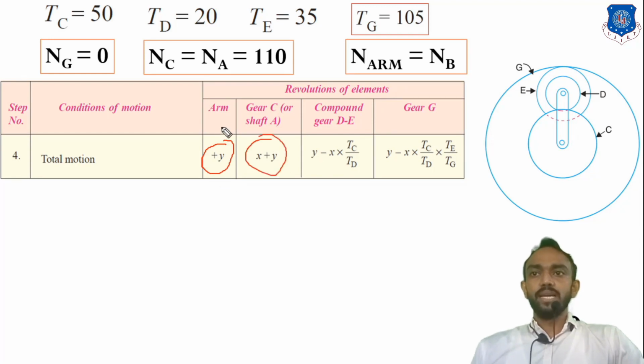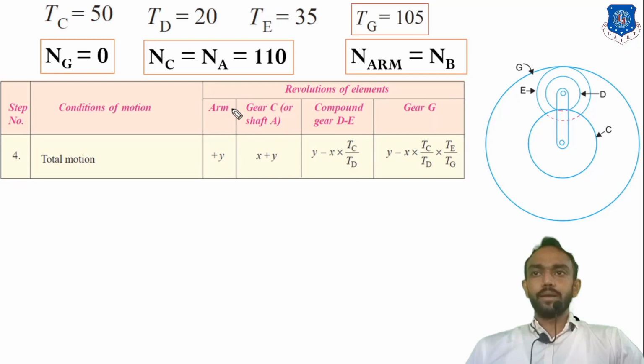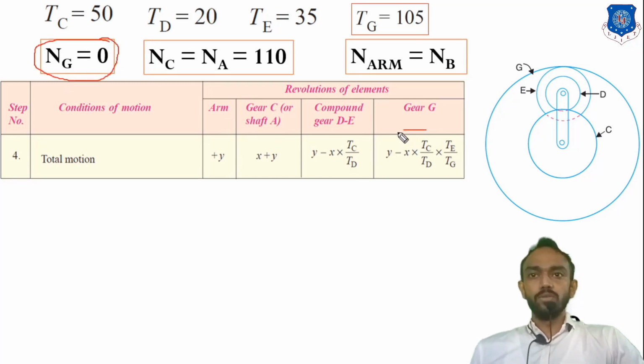X is the RPM of the arm, x plus y is the RPM of C or shaft A, this is the RPM of DE, and this is the RPM of gear G. So we have to compare this. The RPM of G is equal to 0, and the RPM of gear C is equal to x plus y.